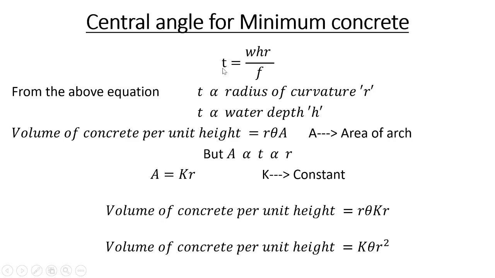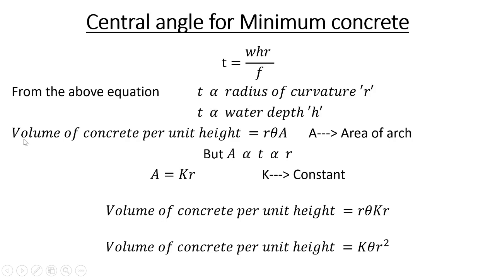From the previous session, you got the equation for thickness. And from this equation, it is very clear that thickness is directly proportional to radius of curvature, that is small r. Also from this equation you know that thickness is directly proportional to water depth, that is small h.